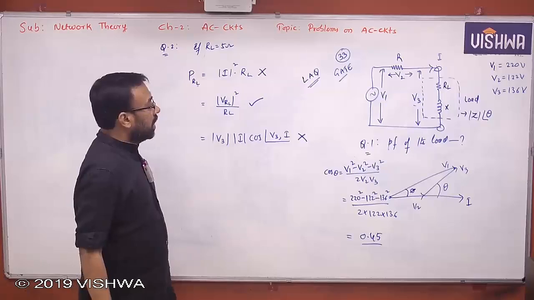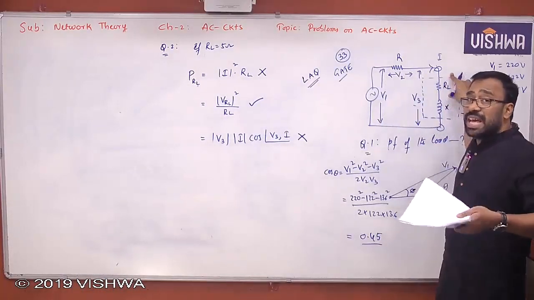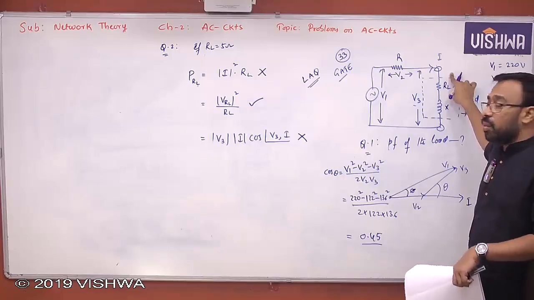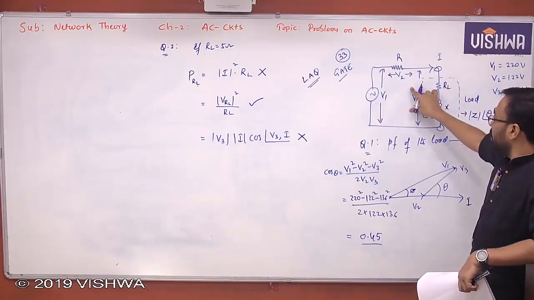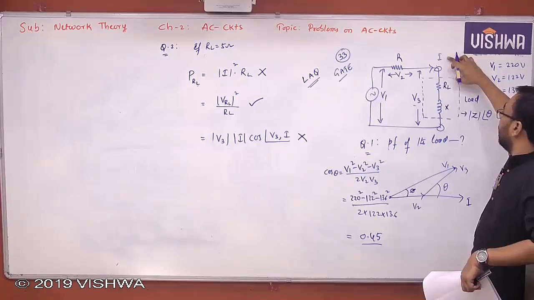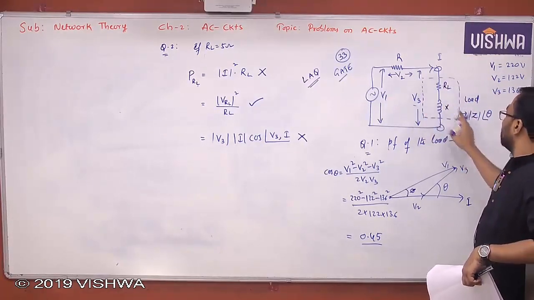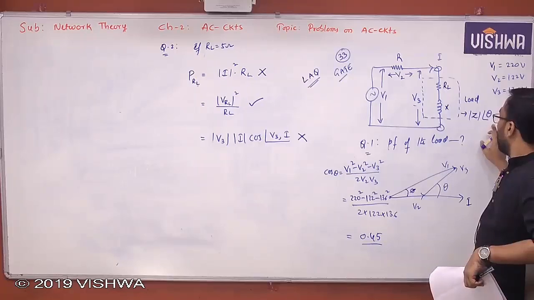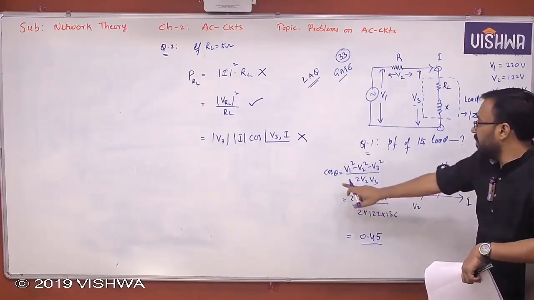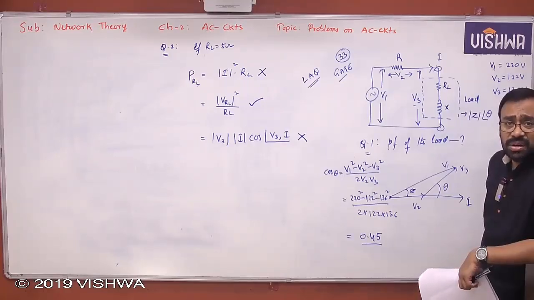But do you know the voltage across RL? It is not directly given, but it is indirectly given. V3 you know, and you know how much angle it is making with respect to this I, because the angle of this impedance is taken as Z at an angle of theta, and this theta was calculated already because cos theta is known, then theta can be calculated. Yes or no?